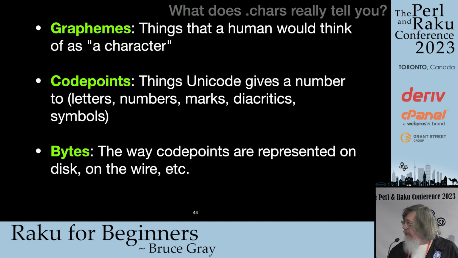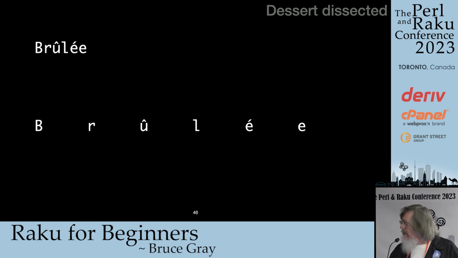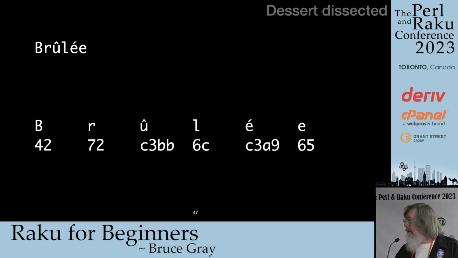The levels of Unicode are the grapheme, I said this earlier, graphemes, code points, bytes. So that's Brule as graphemes. That's the natural read of it. You would say there are 6 things there. And those are the code points for those 6 things.